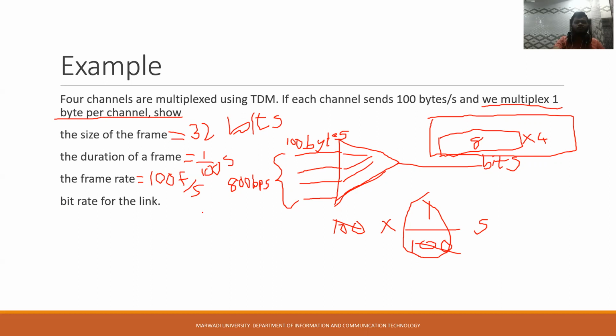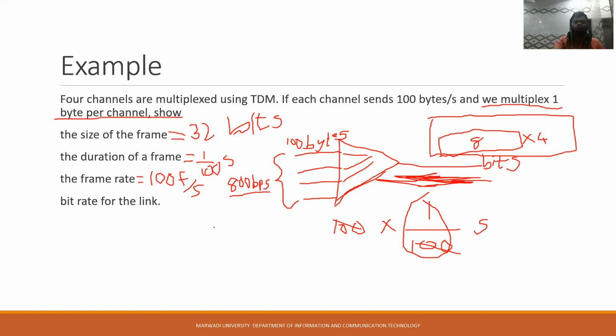And then we have the bit rate for the link. That is the transmission capacity of the cable. We are having 100 bytes for each link, and we are having 4 such links. So 1 byte equals 8 bits. So we need to send 800 bits per second, but there are 4 such connections having 800 bits.